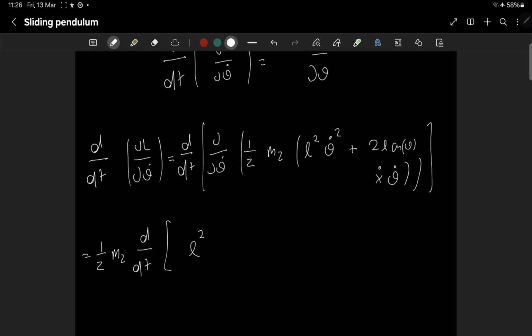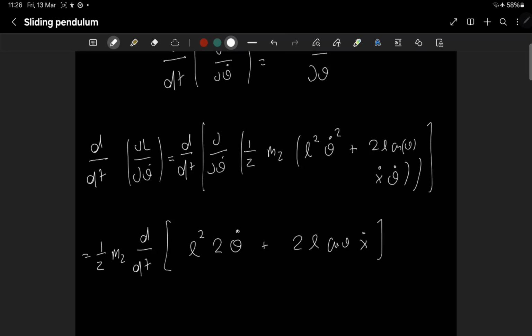So with respect to theta dot, I get m2 L squared 2 theta dot, and then I get plus 2L cosine theta x dot, right?